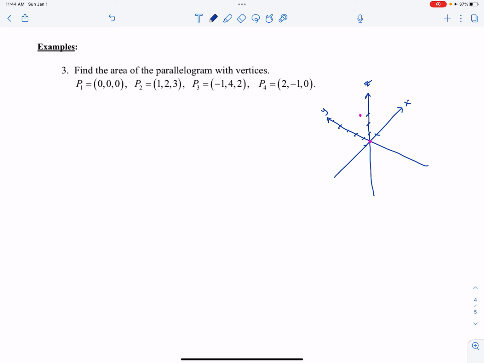The 3D is a struggle for me. Maybe there. And then point 4, 2, -1, 0.